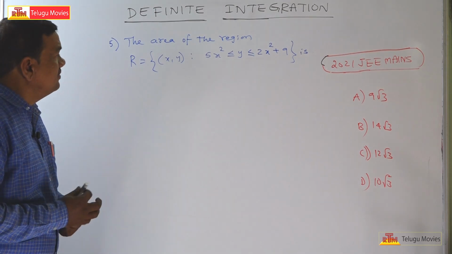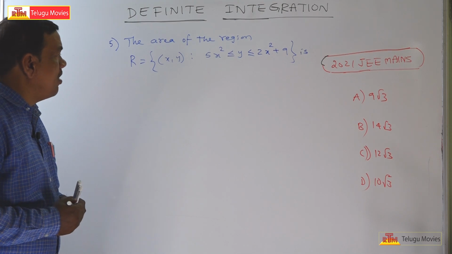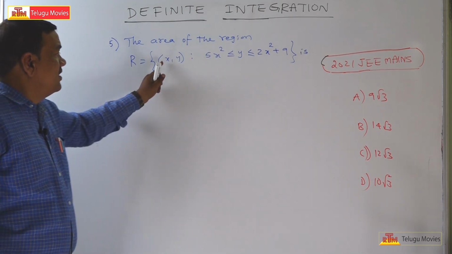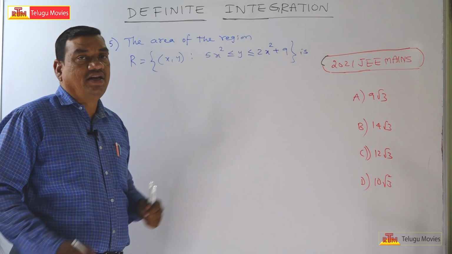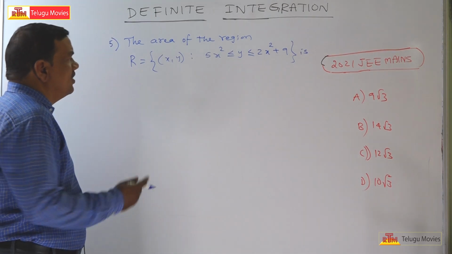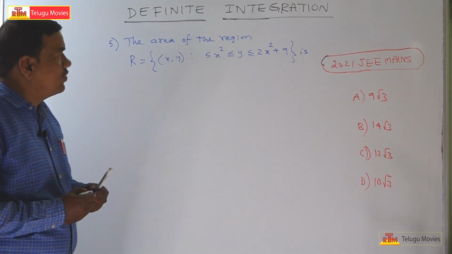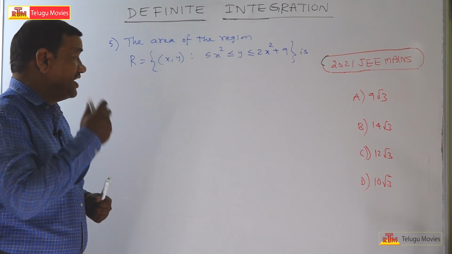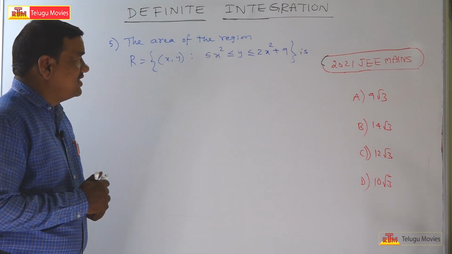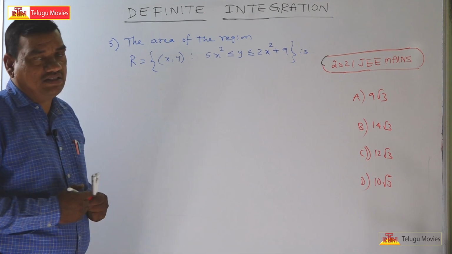So, he is given the area of the region of x comma y such that xy satisfies this inequality. So, what is that inequality? 5x square less than or equal to y, and it is also less than or equal to 2x square plus 9. First avoid the inequalities, and see what is there.